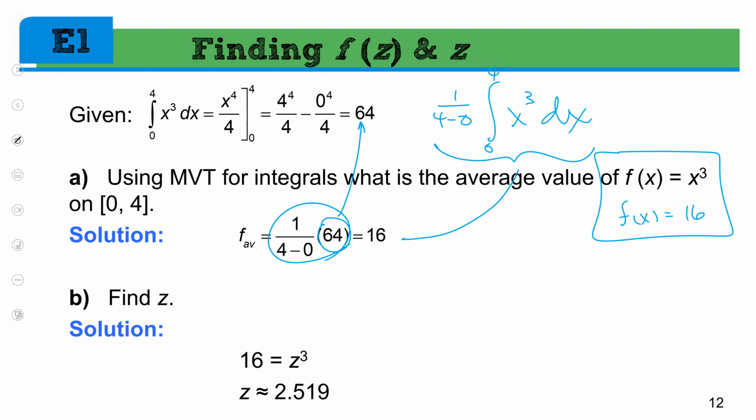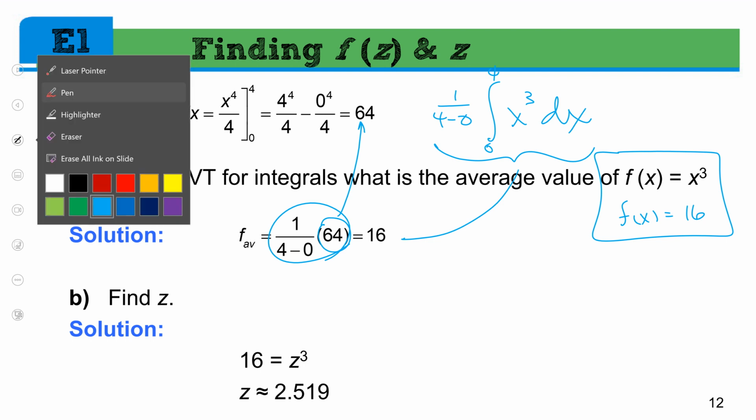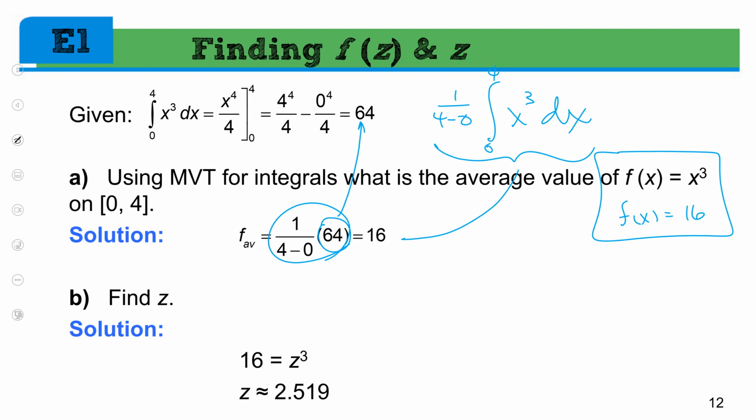Okay, there is a scenario that pops up every once in a while when you're solving an MVT problem that I thought I would warn you ahead of time. Let's suppose I'm doing a similar problem and I've got y equals x squared, and yada, yada, yada, and I'm on an interval or whatever, and I figure out what my z term is, and when I solve this, I get x is equal to plus or minus some number.